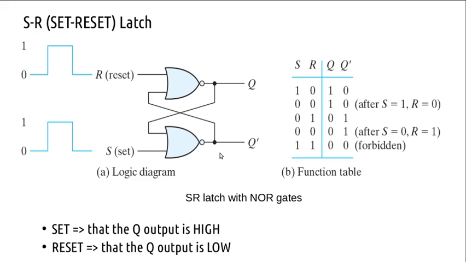Here there is already a 1, and with this 1 as well the output becomes 0, Q is 0. That 0 is fed back to this point, and already you have a 0 here, so 0 or 0, the output is going to be high, right?